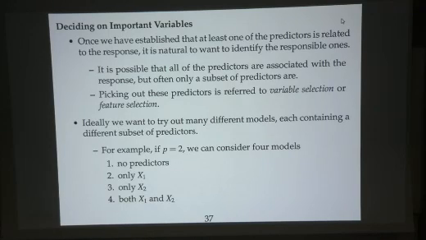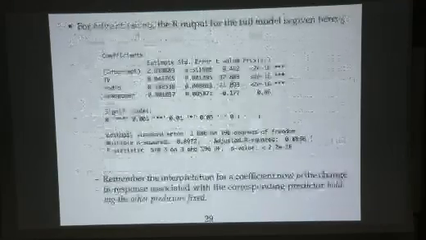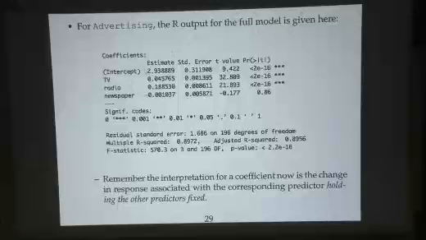In the advertising data set, you have TV, radio, and newspaper. Looking at the output, TV and radio would be the important subset, and newspaper would be out of this subset.